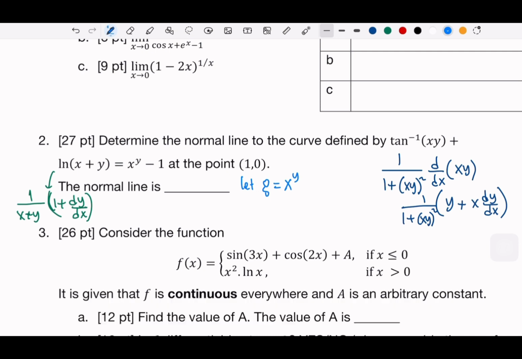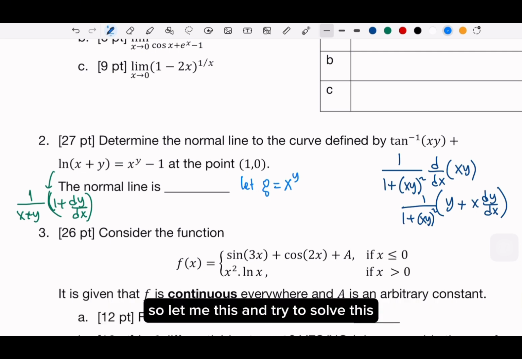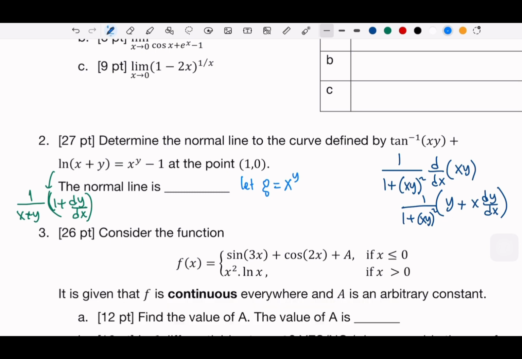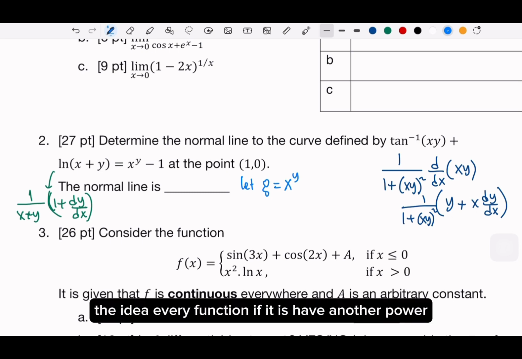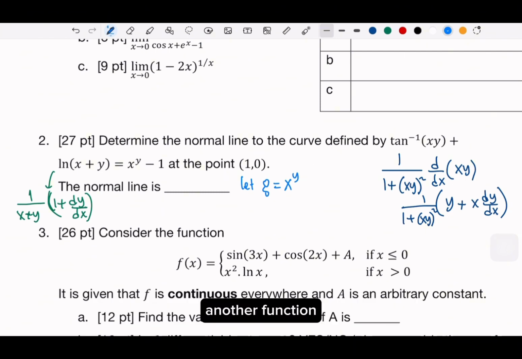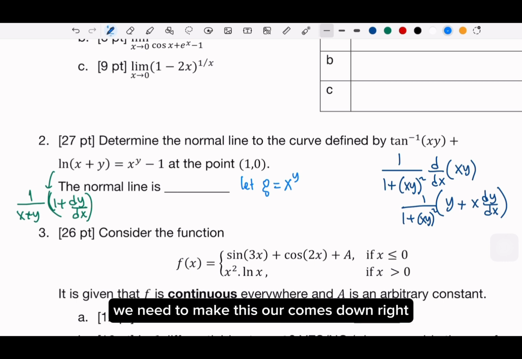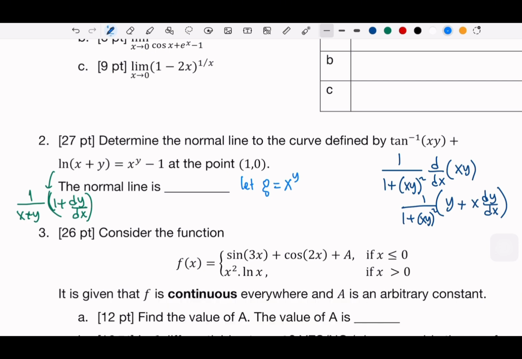So let's try to take the first derivative of this. The idea is, if a function has another function as its power, we need to bring this power down, right? Because it's function and function. So we need to take the log.